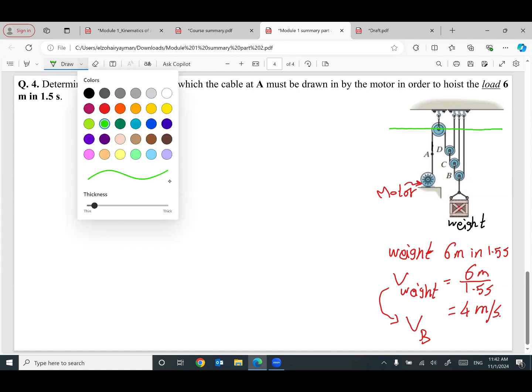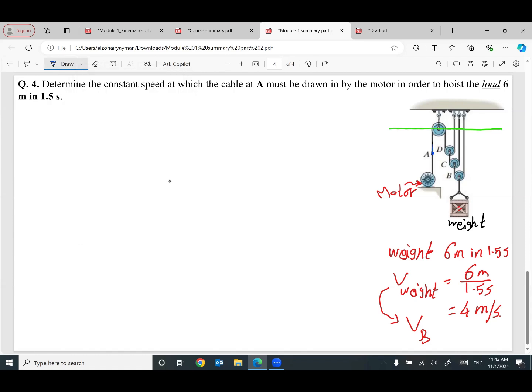Second point, keep in your mind, we have this point A around this pulley and the point D around this pulley until you go up. This is one cable. This cable is not attached to any other cable. Does that make sense? I'm talking about the blue one.